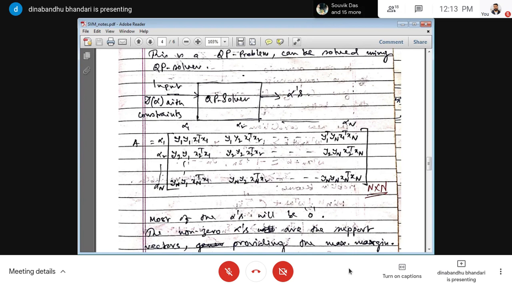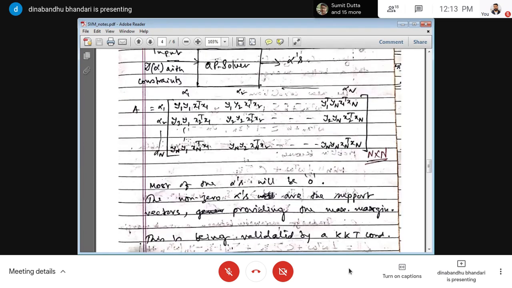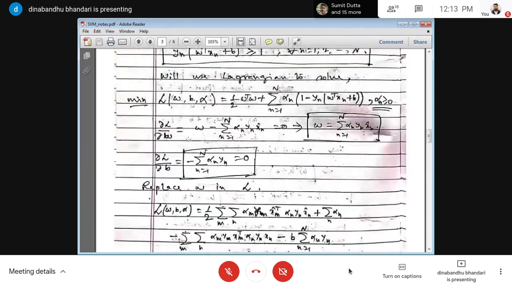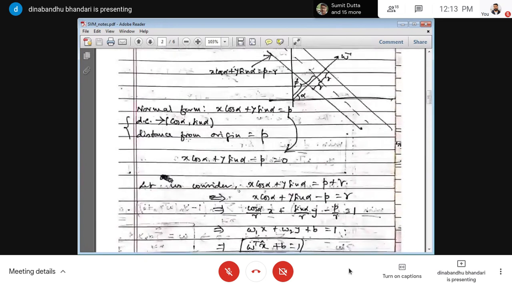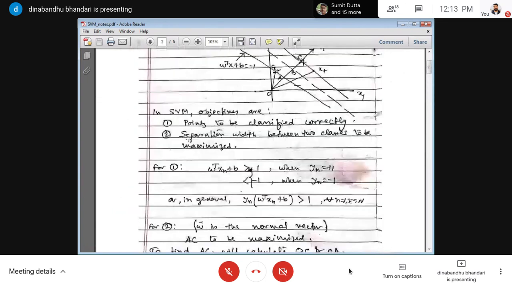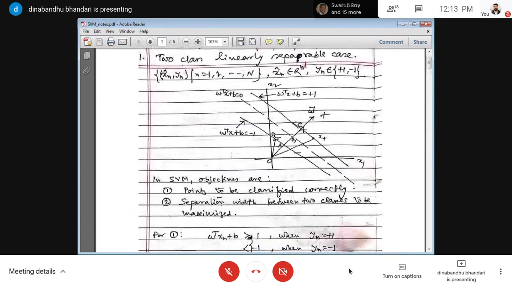Okay? Actually, the alphas corresponding to the points, I'll tell you. Come to this. Here, you might have a lot of minus points, right? You might have a lot of plus points here.